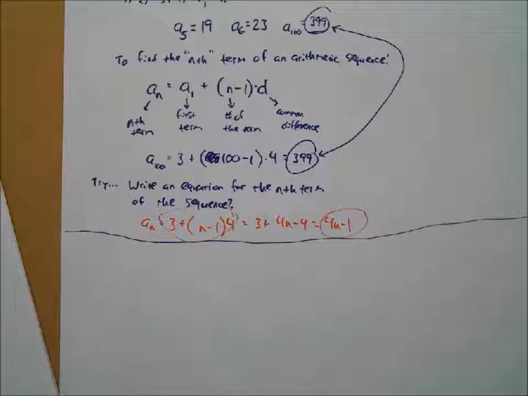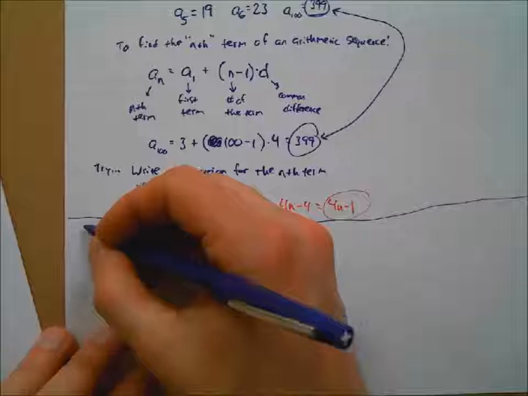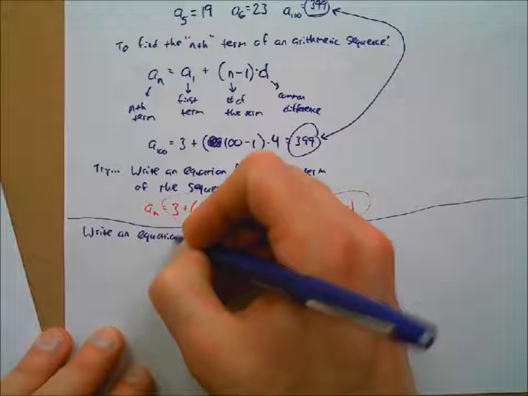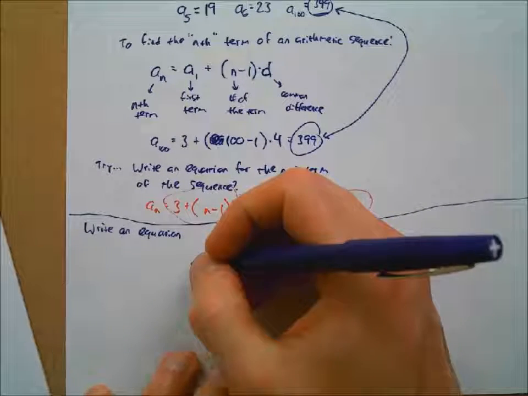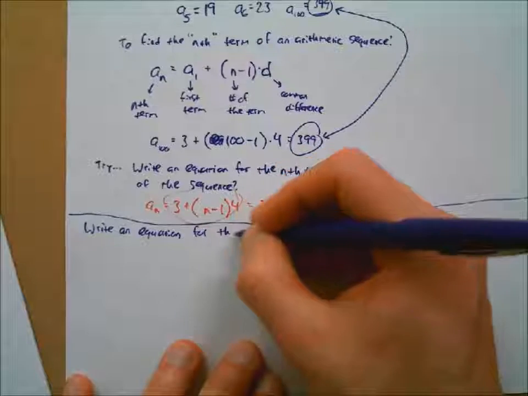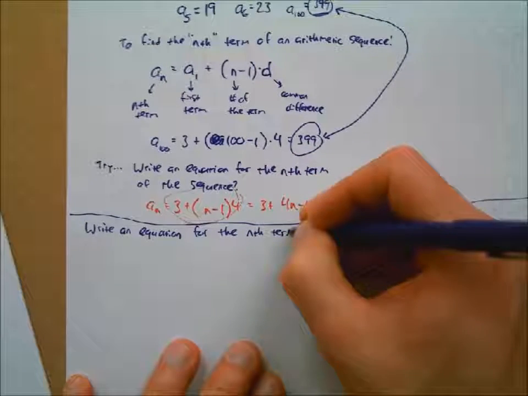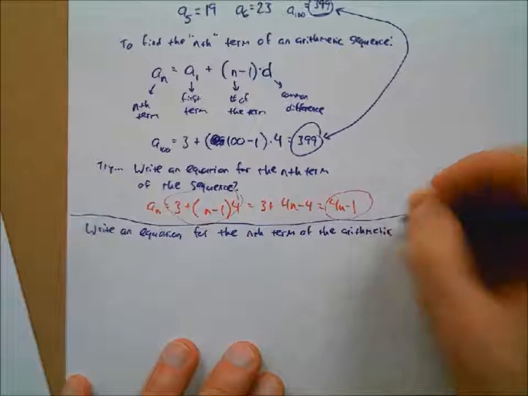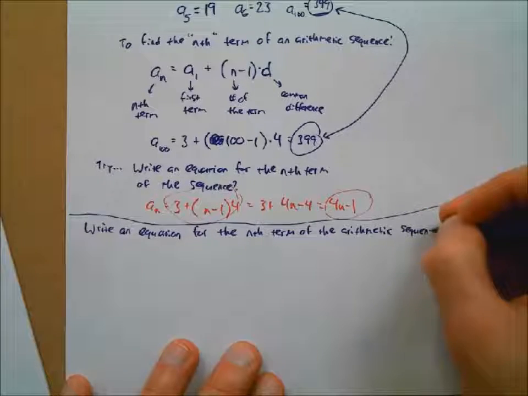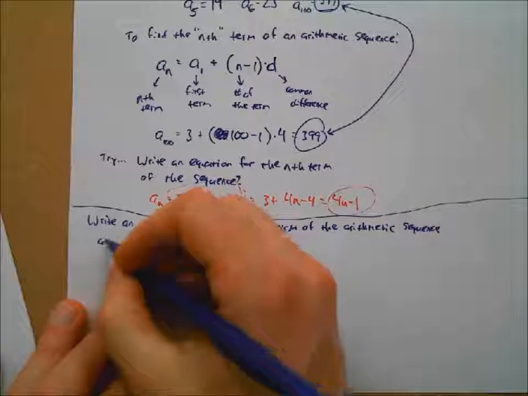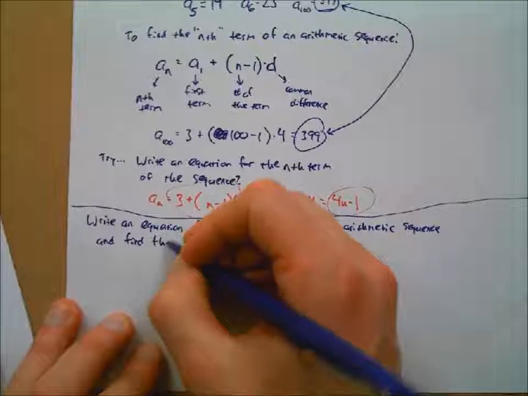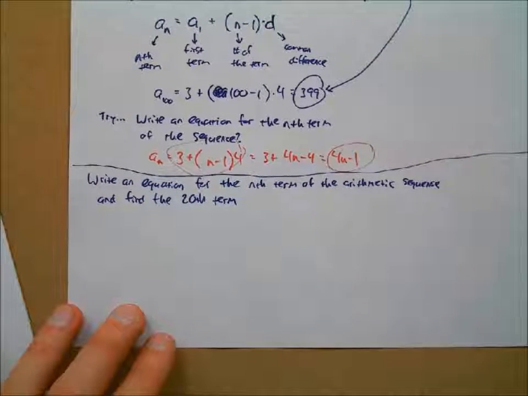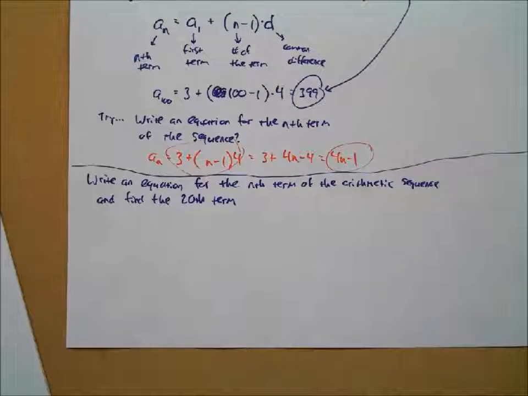So our directions here will be to write an equation for the nth term of the arithmetic sequence, and find the 20th term. Here we go. Write an equation for the nth term of the arithmetic sequence and find the 20th term.